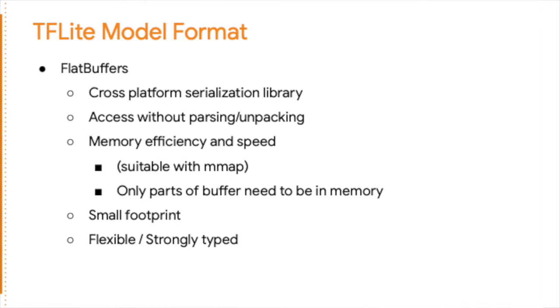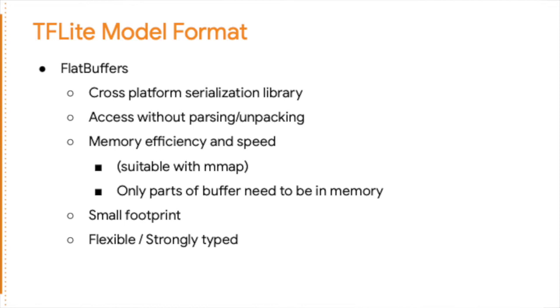And you can do things like keep only the parts of the buffer that you're using in memory. It has an extremely small footprint, just very low single-digit kilobytes of code required to support this, whereas protobuf can easily take hundreds of kilobytes to support something like TensorFlow's GraphDef.